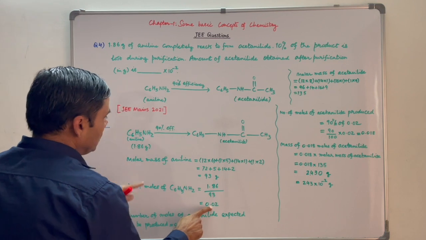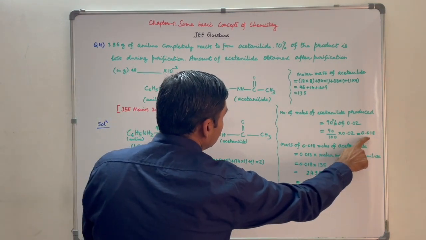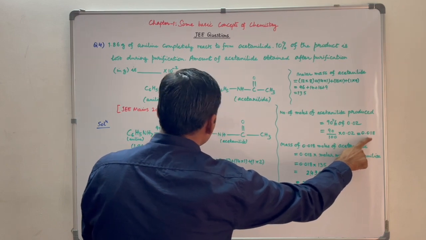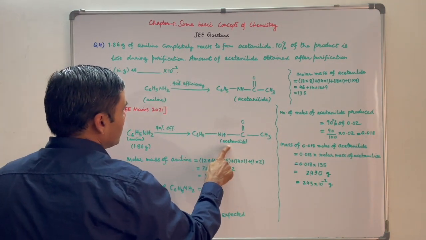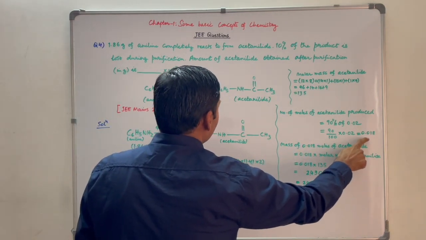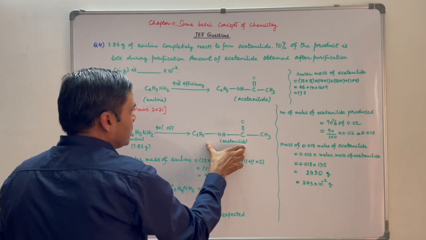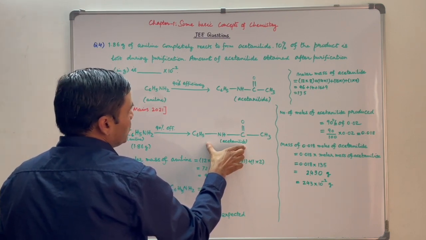Considering the loss, it will be only 90% of 0.02. That comes out to be 0.018 moles of acetanilide produced. So if we multiply this number with the molar mass of acetanilide, we will find the exact amount of acetanilide produced.